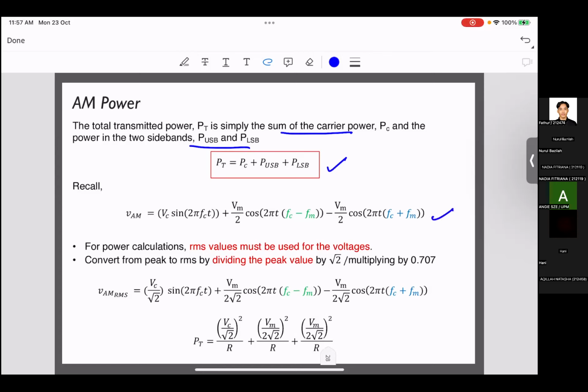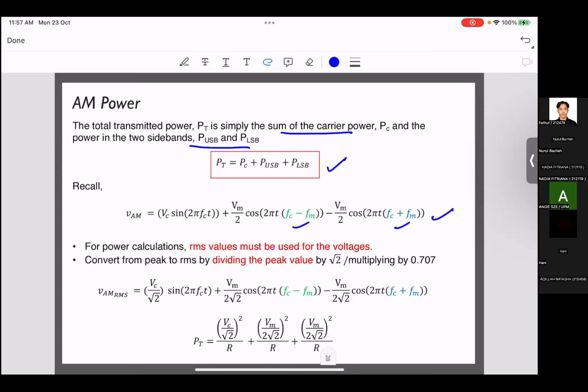We have seen this equation before when we expanded using the trigonometric identity. For power calculations, RMS values must be used for the voltages.